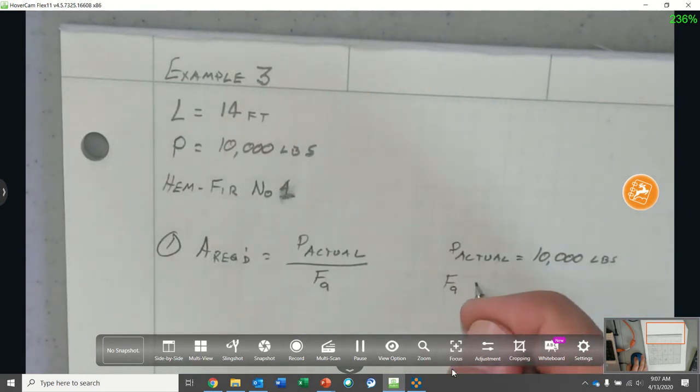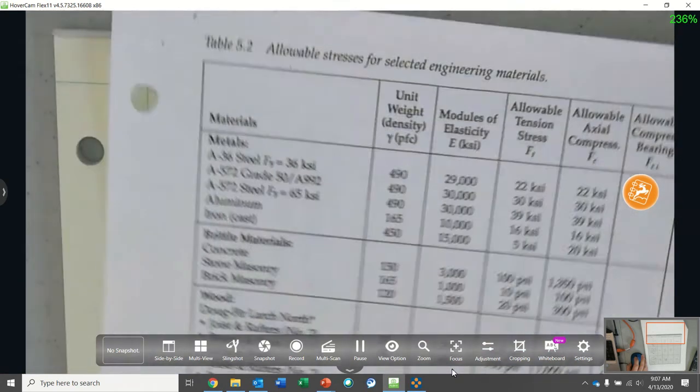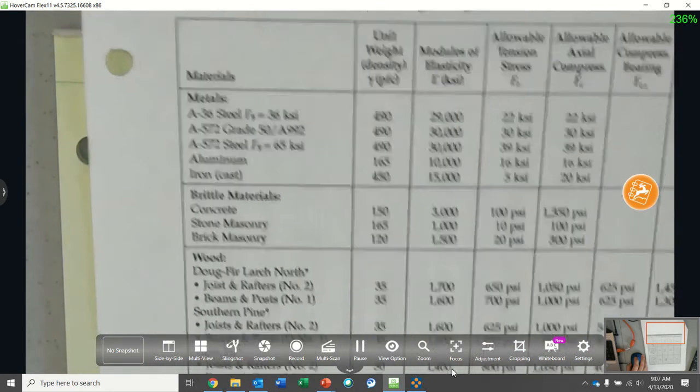Our allowable stress, where do I find that? Remember this table, 5.2 from your textbook?